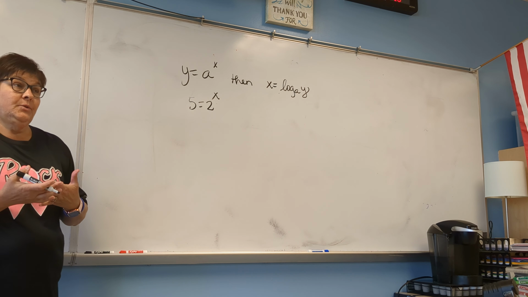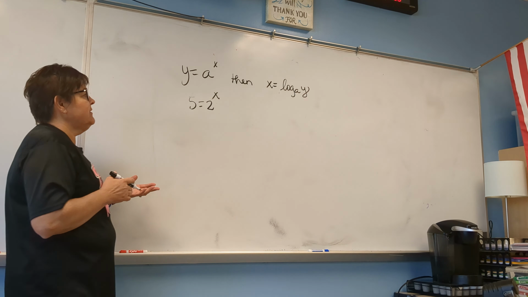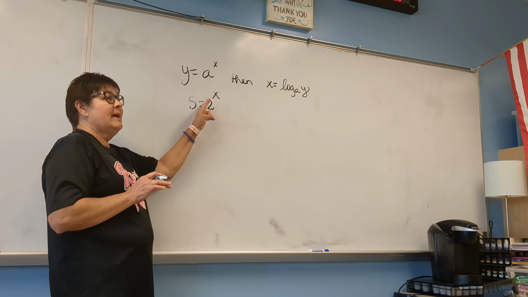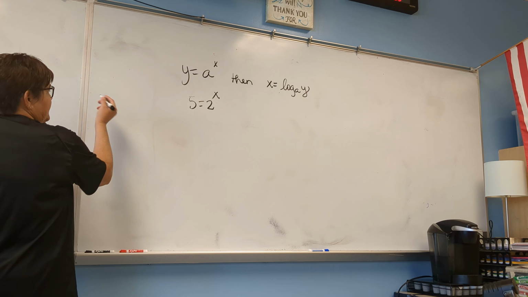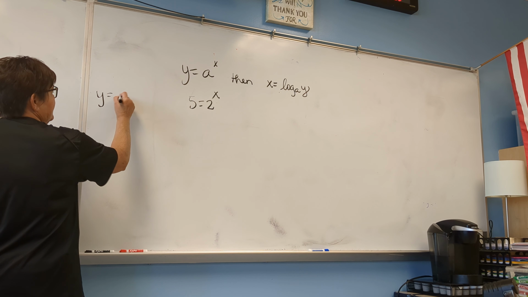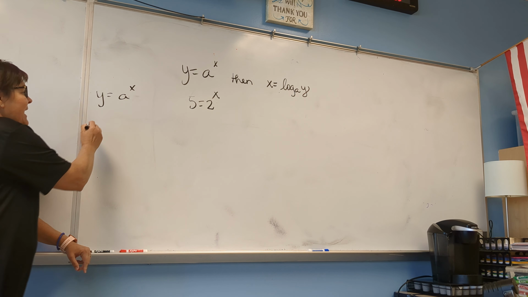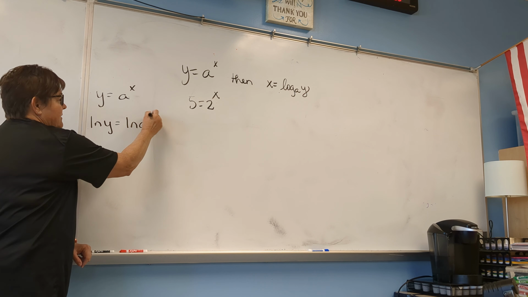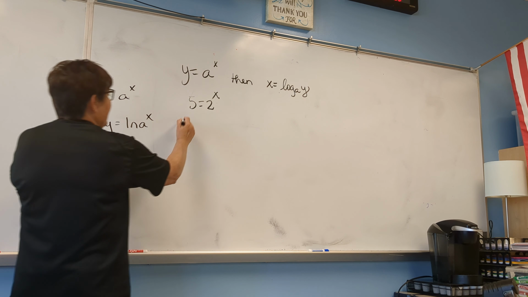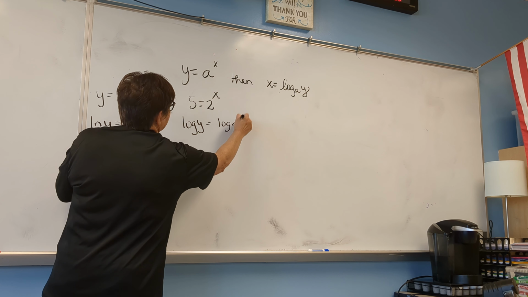What I like to do is a technique that works every single time. I want to get the x out of the exponent. So if I have y is equal to a to the x, one of the properties I could use is to natural log both sides, or to log both sides.